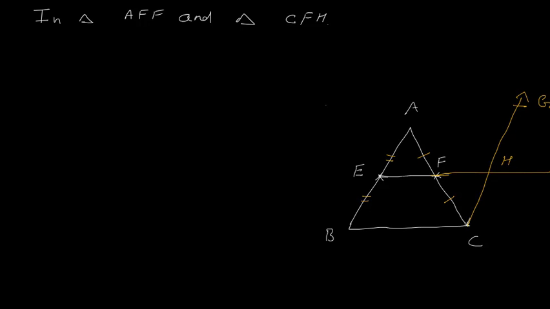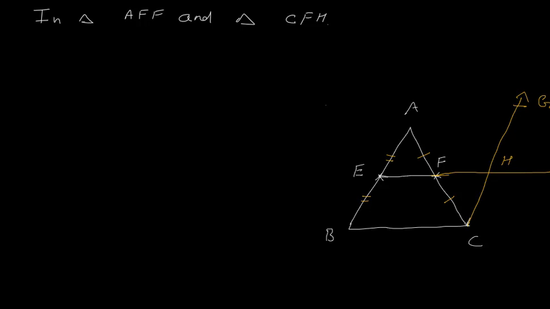Once I prove they are congruent, I will get EB equal to CH. In parallelogram BCHE, CH is parallel to BE by construction and CH is equal to BE, which we will prove, and by that it will become a parallelogram, and hence side EH will be parallel to BC, or we can say EF will be parallel to BC, right? So this is the whole idea of proving these two triangles congruent.